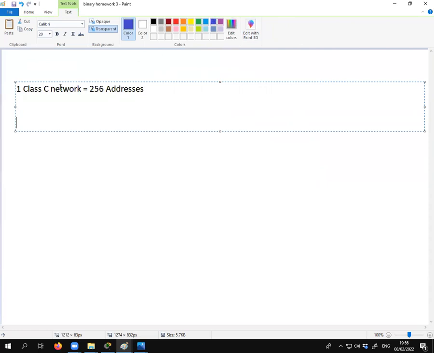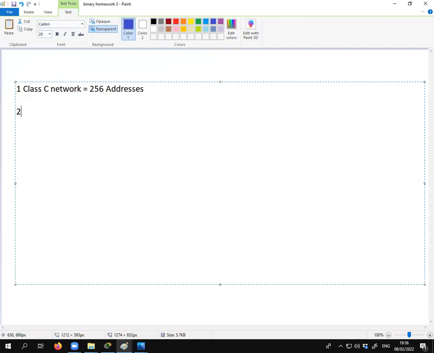We use the same logic that we did with the apple pie. So 2 subnets would be how many addresses per subnet? 128. And 4 subnets? 64.